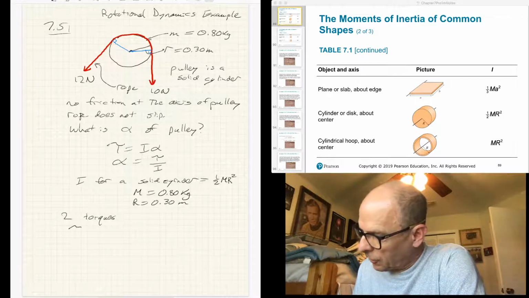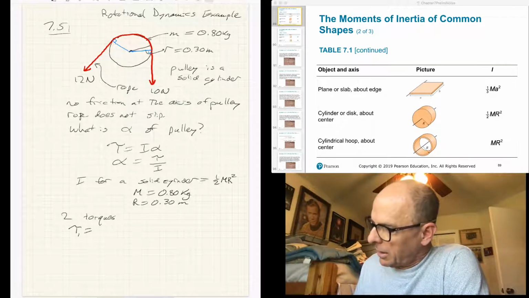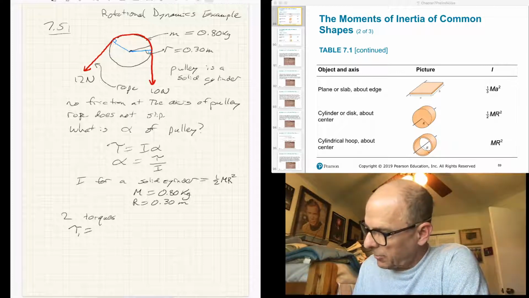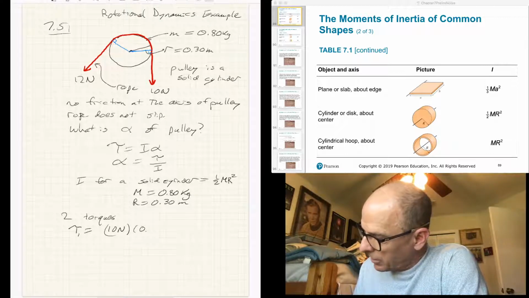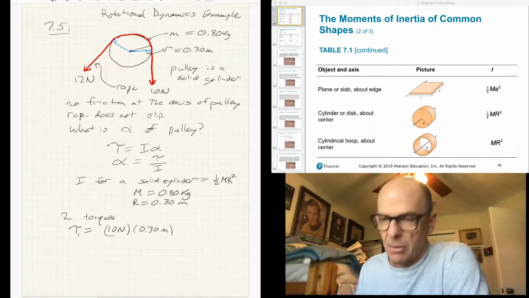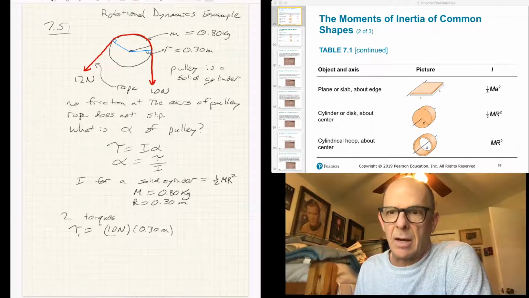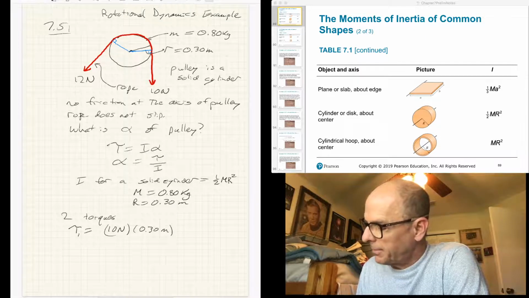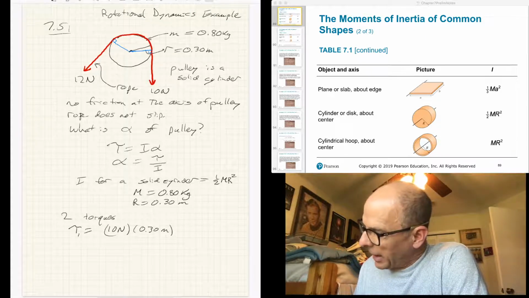So the first torque is the one, we'll just say, due to the 10 Newton force. So it's 10 newtons times 0.30 meters, r times F, times the sine of 90 degrees, which is 1. So that's 3 Newton meters.